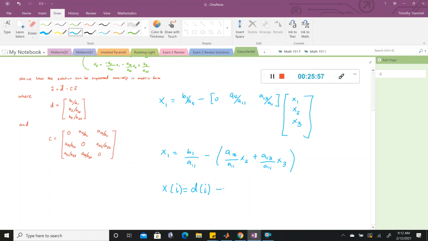And then minus, and remember this came from the first row of C. So if we were to do that, we'd want to say row i, and then every column of that row. And then this was times x, the whole vector x. All right, well, let's go ahead and code that in.